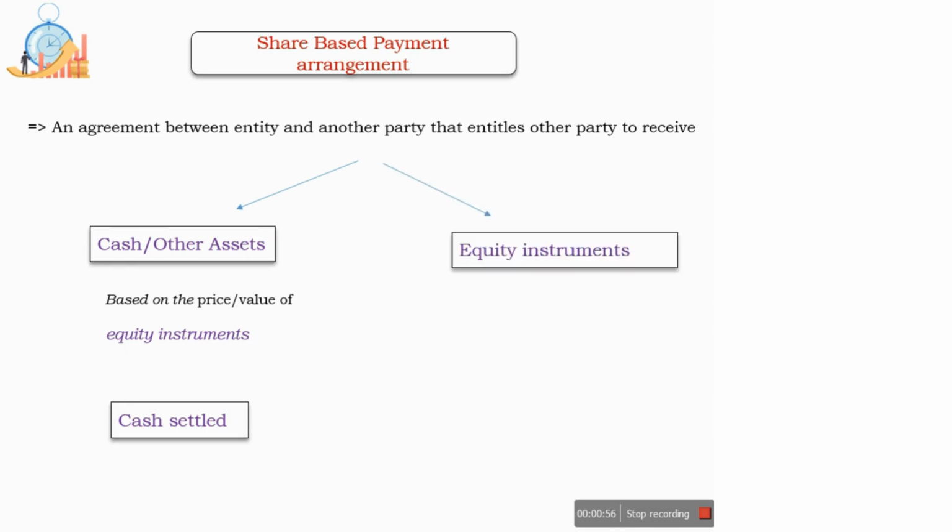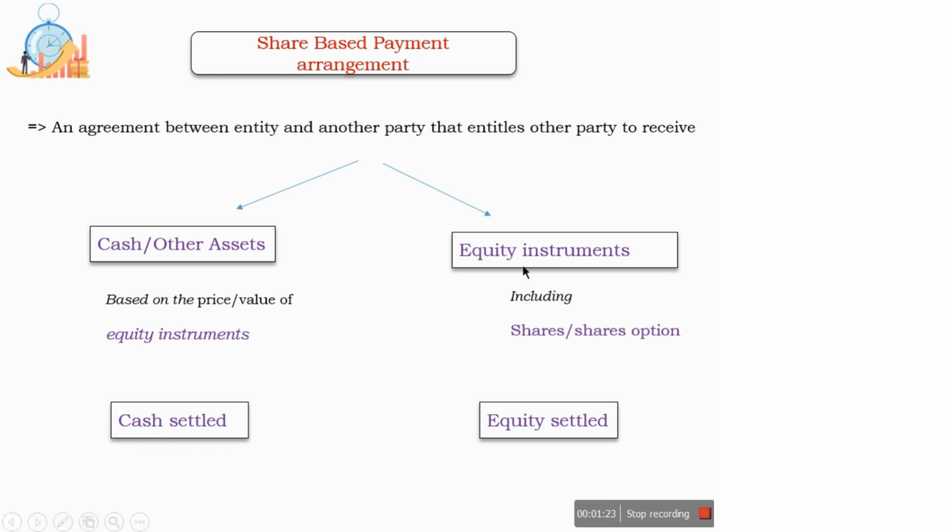Another method may be equity instruments, where the enterprise issues shares or share options to suppliers or employees, and these transactions are classified as equity settled transactions. So in the first transaction, the remuneration is defined based on the price or value of the equity instrument but is paid in cash.